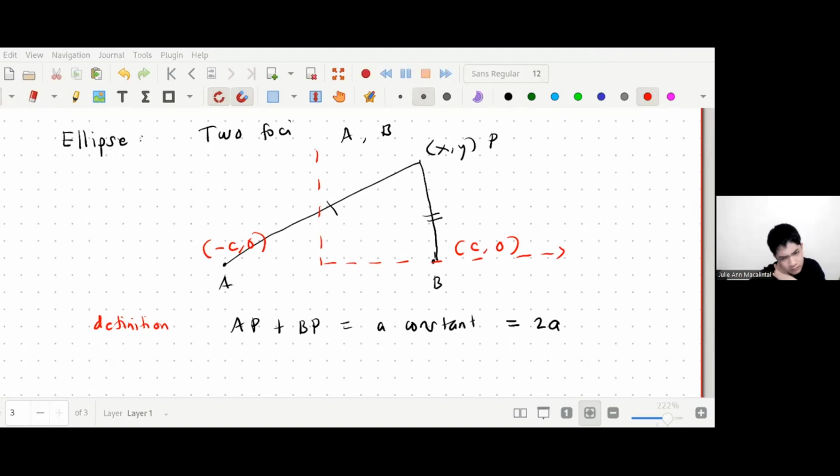Okay, let me send this photo. Tapos yung hyperbola is, the difference is a constant.